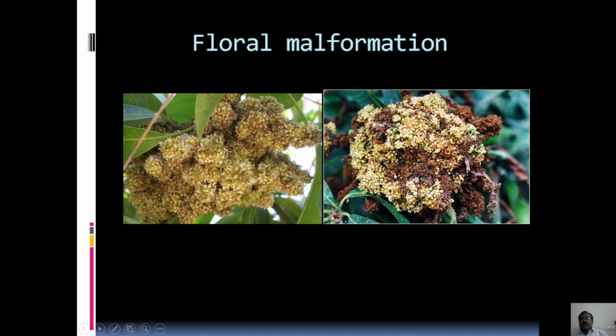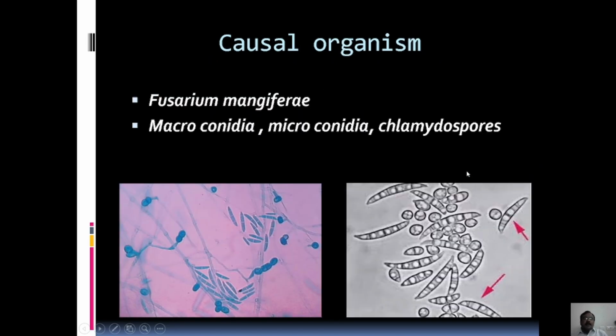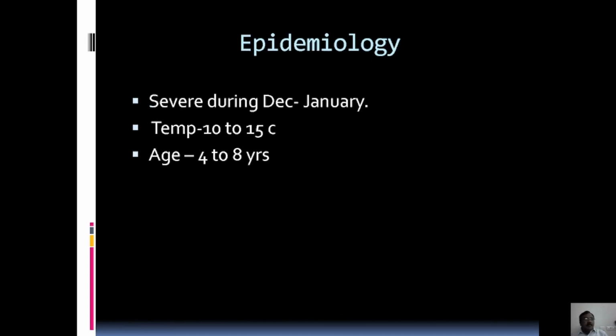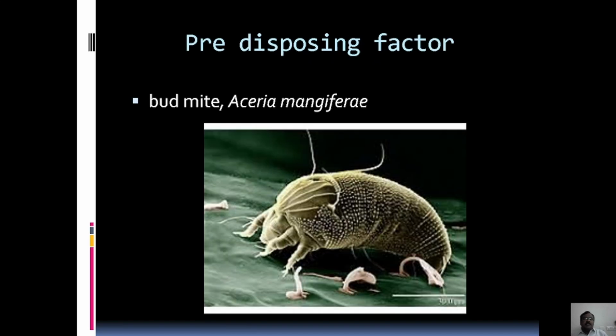with some necrotic flowers. And the causal organism Fusarium mangiferae is known to produce three types of spores, that is macroconidia, microconidia, and chlamydospores. It is severe during the months of December and January, when a temperature of 10 to 15 degrees is prevailing, and crops of 4 to 8 years are highly susceptible to this infection.